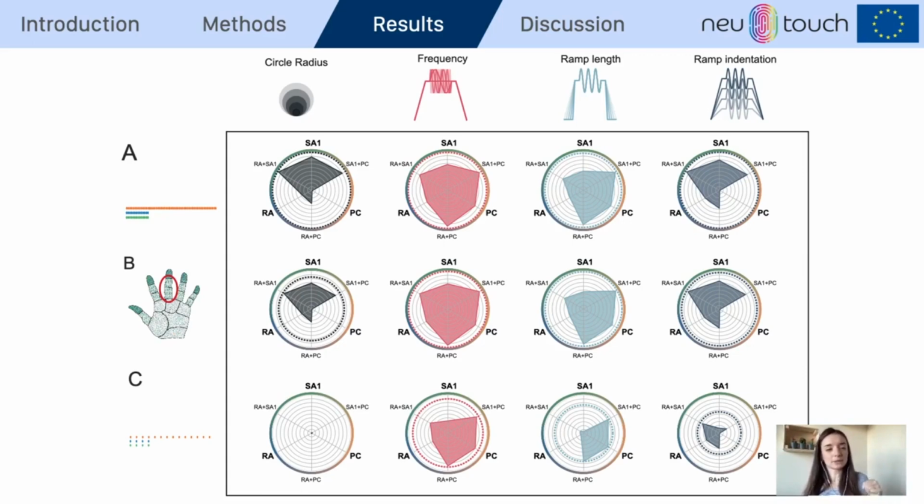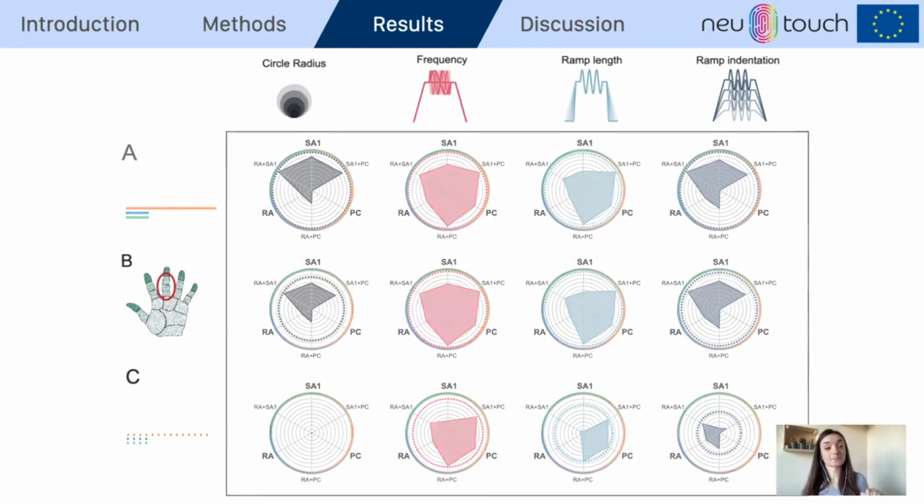However, what is interesting here is that the information content increased dramatically going from the lower bound to finger densities, but this is no more true when going from finger densities to the upper bound. This result might indicate that the combination of afferent densities found on the human hand is somehow optimized for encoding tactile stimuli.